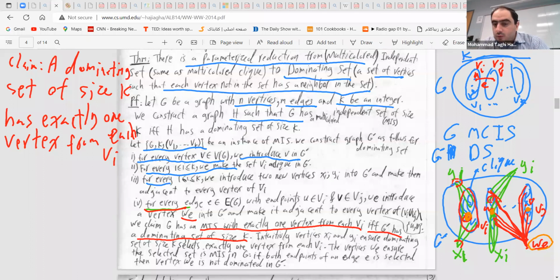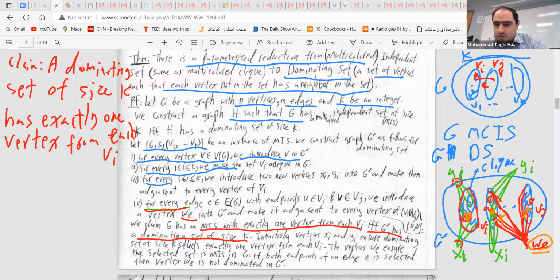So here we have one vertex from this Vi, one vertex from Vj, and these two are U and V. But we know that WE, because it corresponds to an edge between U and V, does not have any edge to U or V. So in this case, we need to include WE itself in the set.